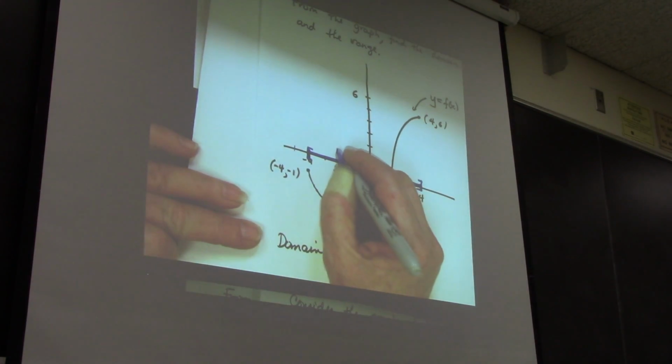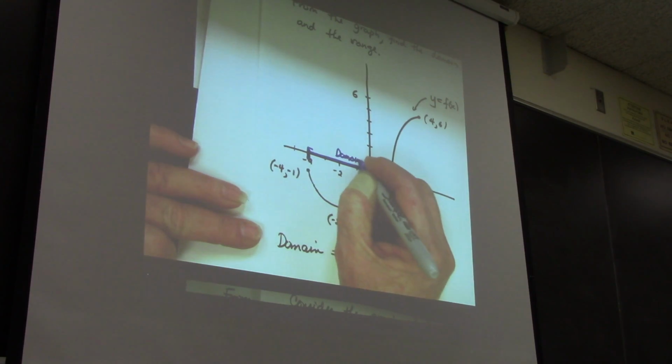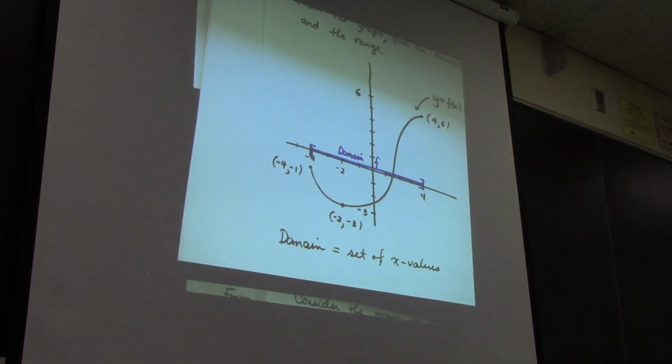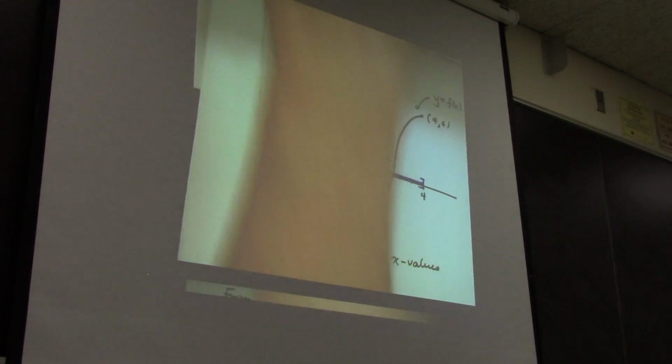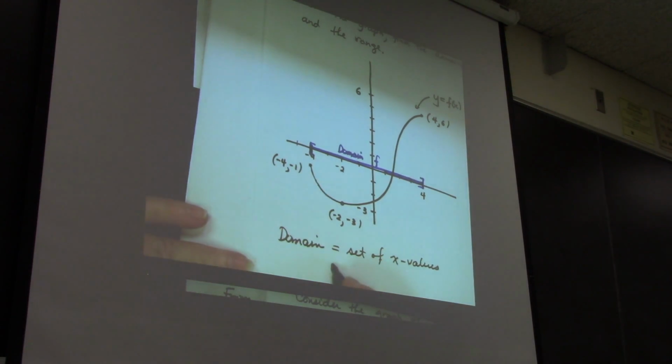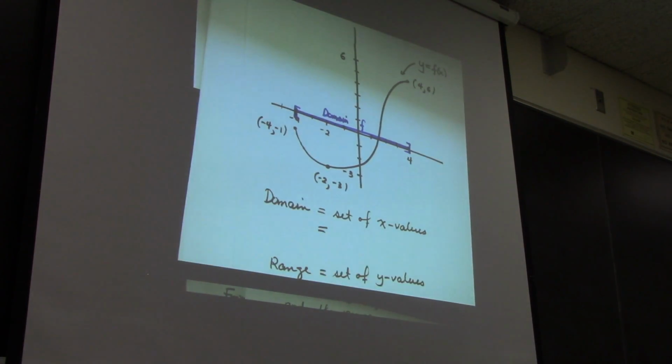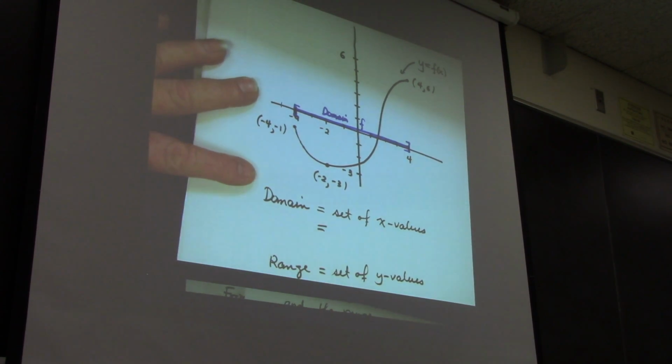So this blue interval is the domain of the function. Let's go ahead and write the domain using interval notation. So what's that domain?